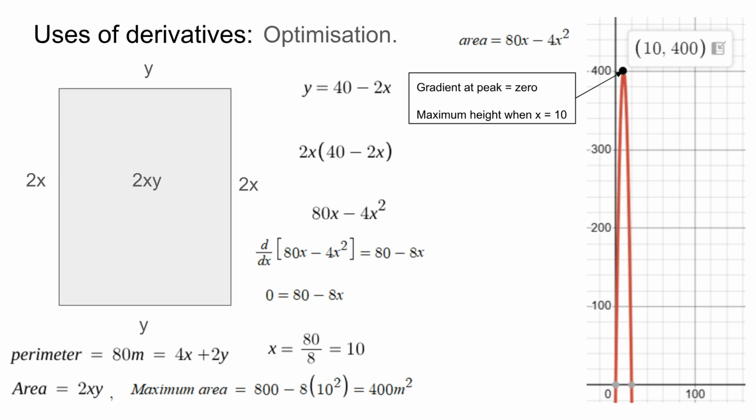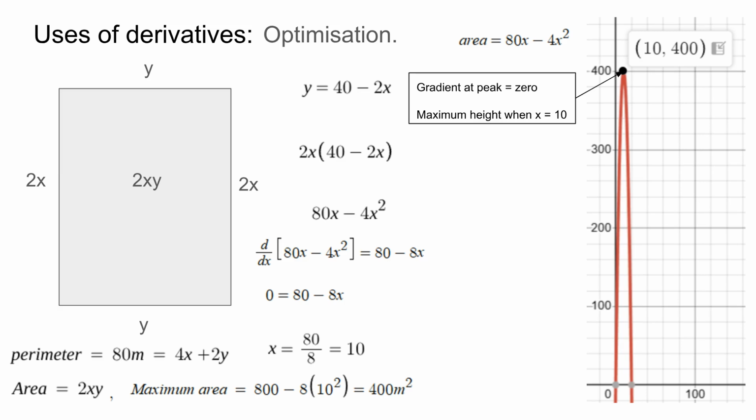We now differentiate this area to get 80 take away 8x, and setting this to 0 and rearranging the equation gives 8x equals 80, which simplifies to x equals 10. This means when x equals 10 meters, we will get the most area possible.